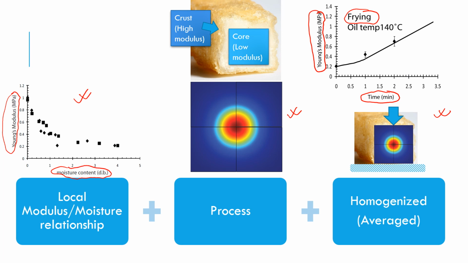Earlier I mentioned it's not for fried chips, it's for dried chips. And so we got the information for dried potato material, and from that we could predict how Young's modulus for frying would change.